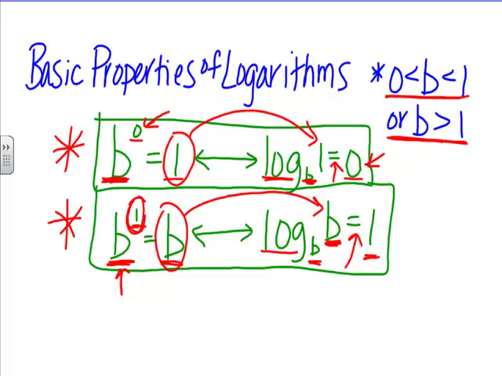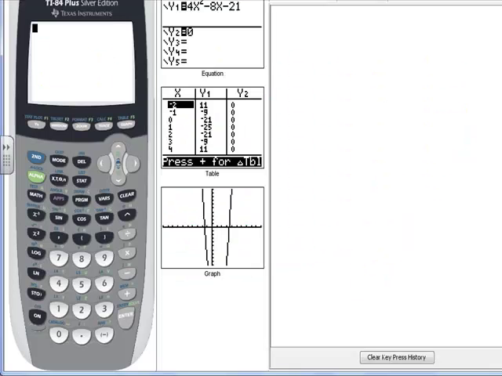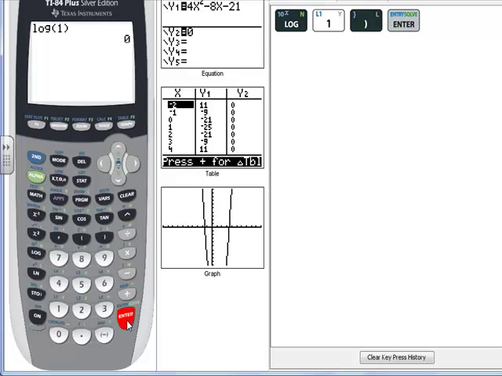Now these two things you need to know, but your calculator will help you with them. We're going to talk more about this in a future section, but anytime you hit the log button on your calculator, it's always base 10. So if I put in log 1 and hit enter, a 0 comes out. This is a way to remember that the log of 1 is always going to be 0.